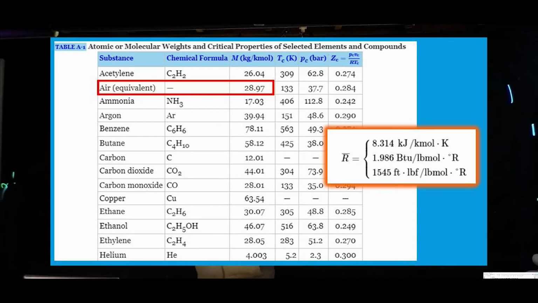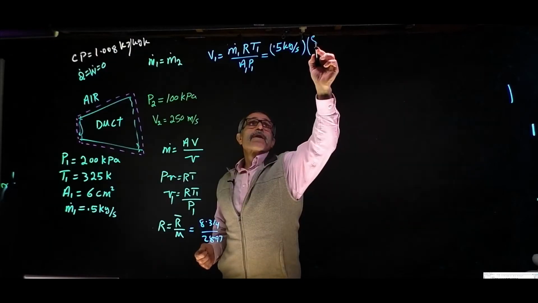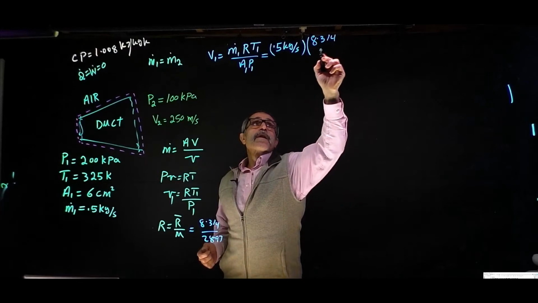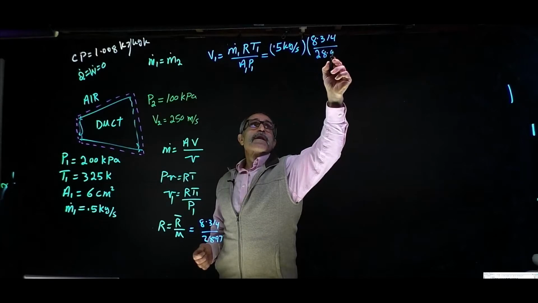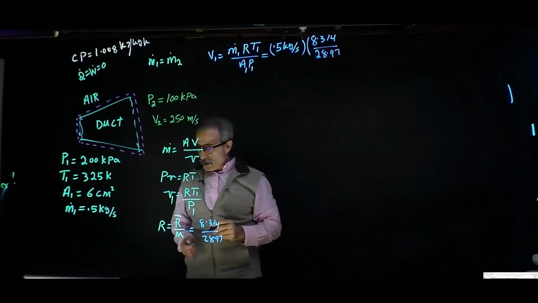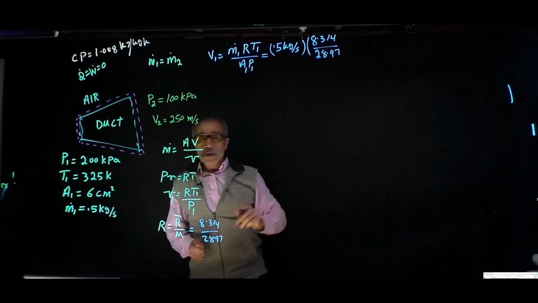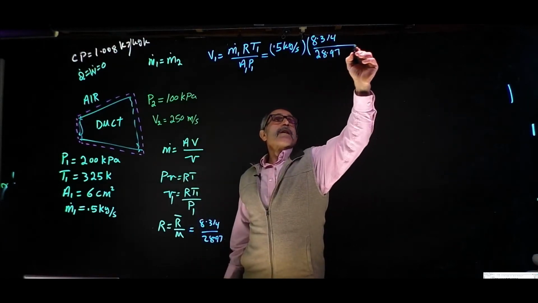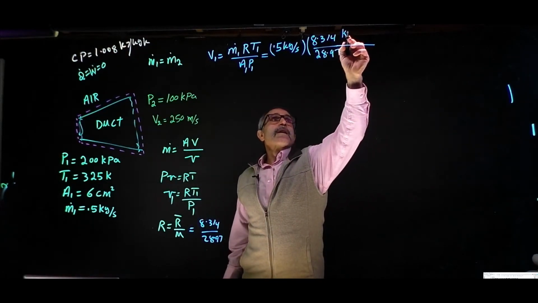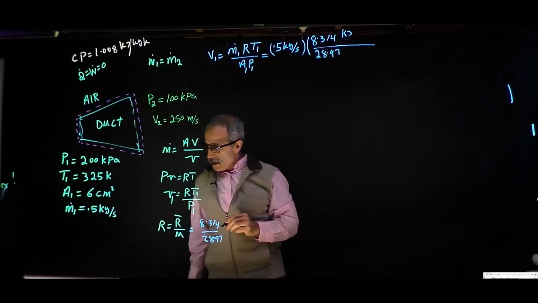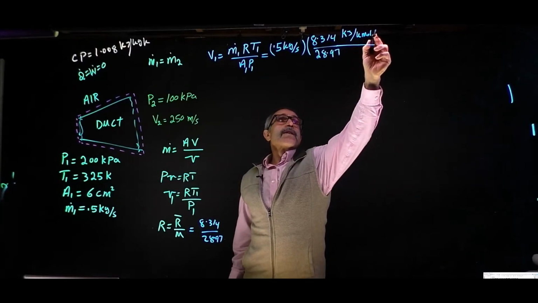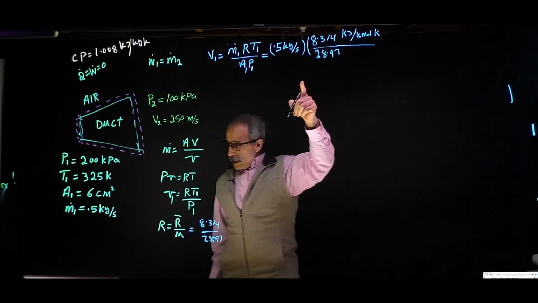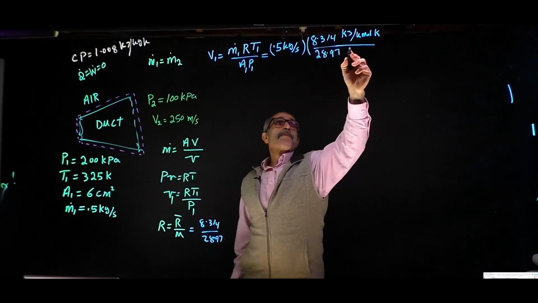So I'm going to multiply by 8.314 divided by 28.97. Let's put the units in. The unit was kilojoule per kilomole Kelvin, and the 28.97 has units of kilogram per kilomole.